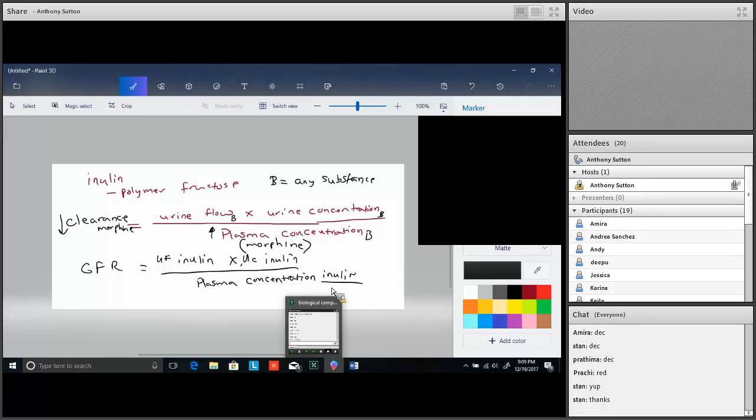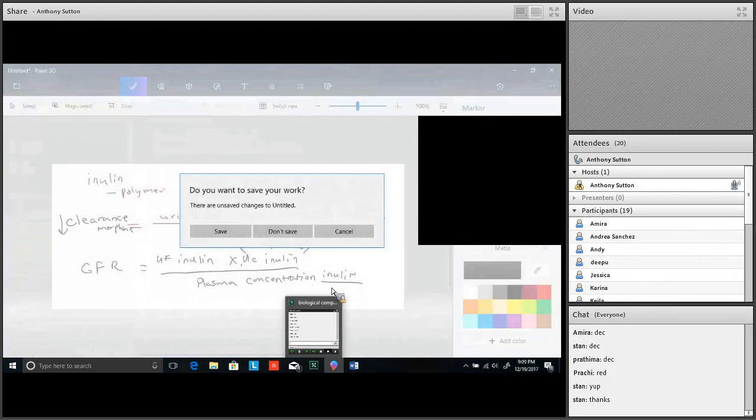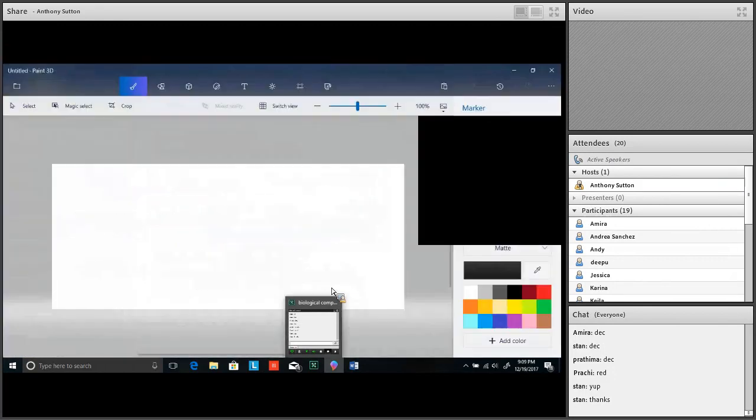Okay? So the best measure of GFR is inulin. Okay, good. Now, is inulin the only measure of GFR? Is that the only way we can measure GFR? Yes, good, Sakshi. That's right. Creatinine. Good.